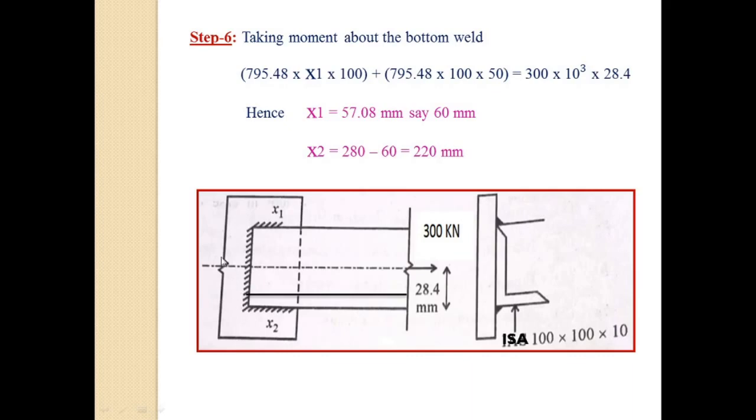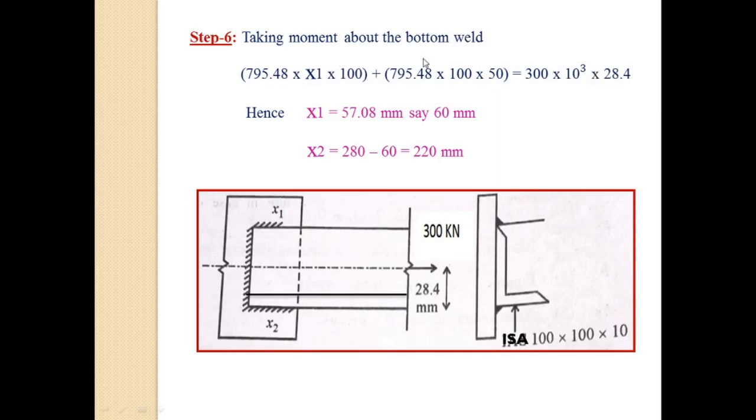We are calculating the moment. So the moment for this weld is 795.48, total length 100, multiplied by 50. Is equal to what? The factored load, that is 300 kilonewton, and the perpendicular distance is 28.4. So 300 into 10 raised to 3 Newton multiplied by 28.4.